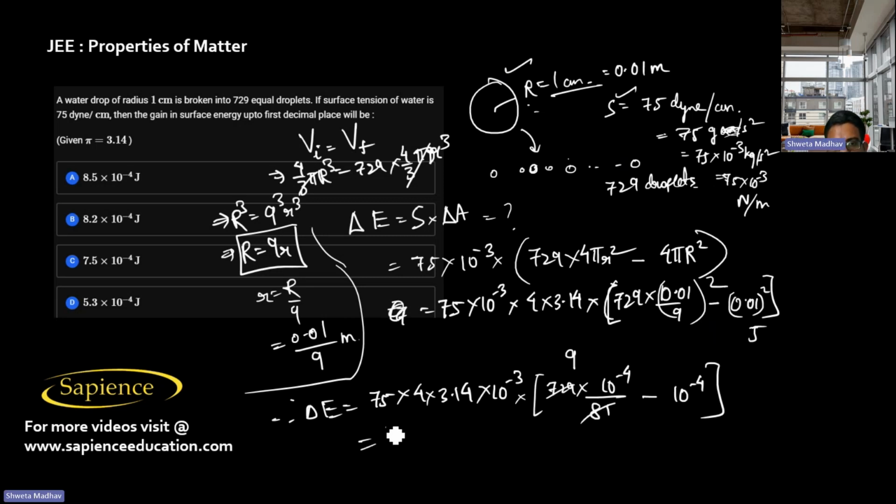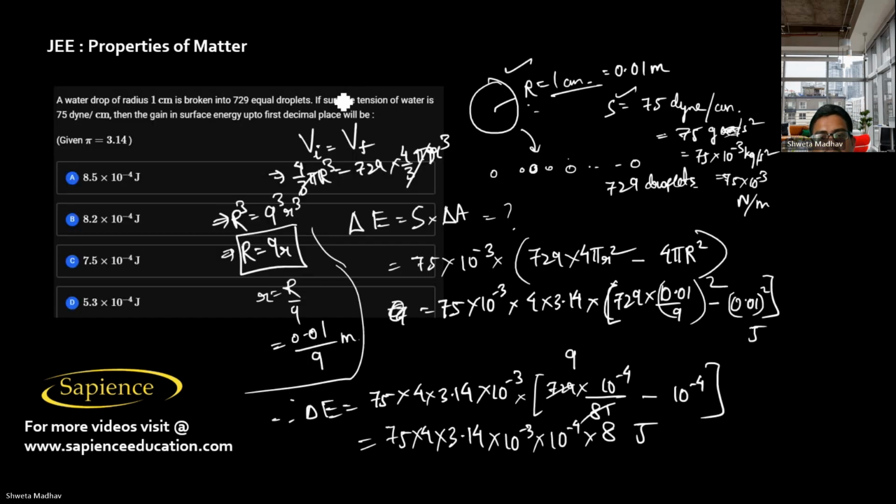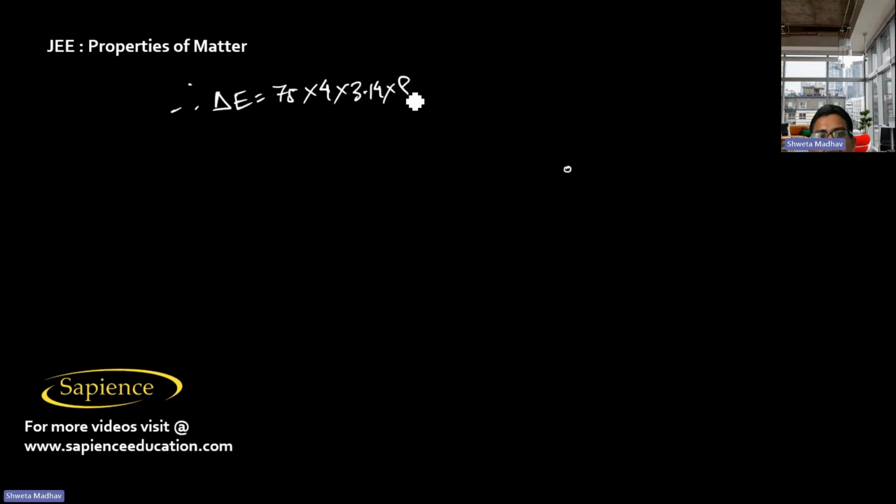So then from here, this becomes 75 into 4 into 3.14 into 10 power minus 3 into 10 power minus 4 into 9 minus 1, that is 8. Therefore, the change in the surface energy is 75 into 4 into 3.14 into 8 into 10 power minus 4 joule.